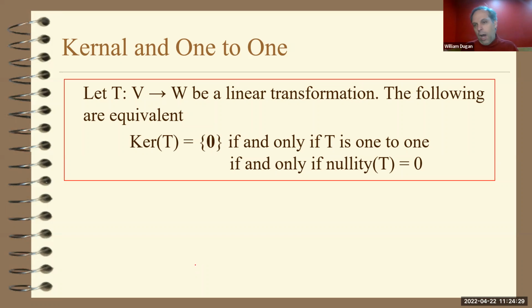Two of these are obviously equivalent: the kernel of T being the 0 vector and the nullity of T being 0. They literally mean each other; it's just definitions. The other one is a little more interesting. It's this implication that you might feel a little leery about. Proving it is incredibly easy, I'm just not interested in doing it all, so I'll only prove one of the directions.